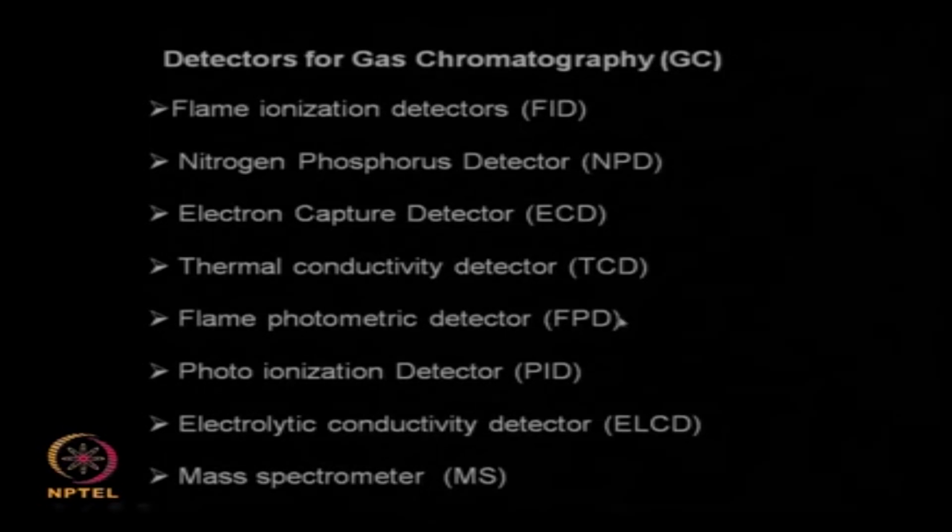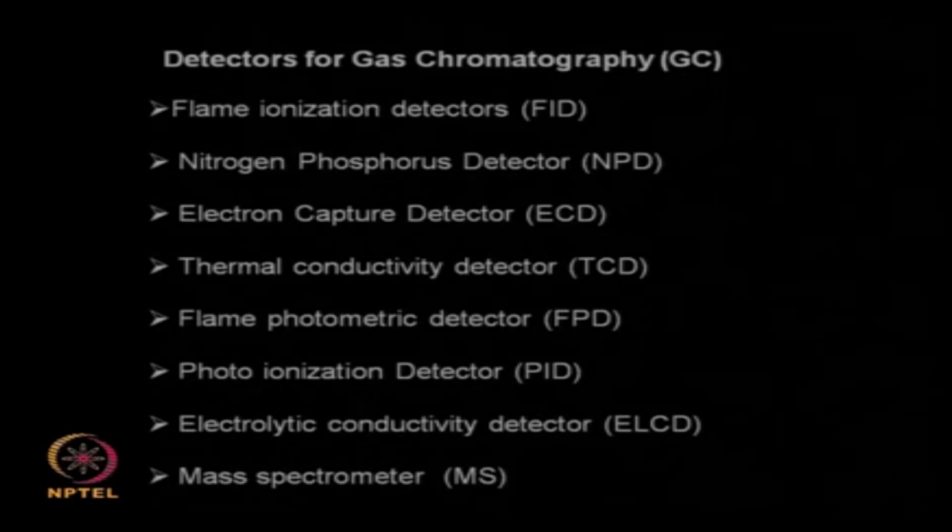Flame photometric detector, photoionization detector, electrolytic conductivity detector, mass spectrometry detector. So, this is like a GCMS, just like liquid chromatograph mass spec, we also have a gas chromatograph mass spec. Flame ionization detectors are widely used, very accurate. So, the component is ionized and then that signal is read in the form of a current, and that is how the flame ionization detector works.